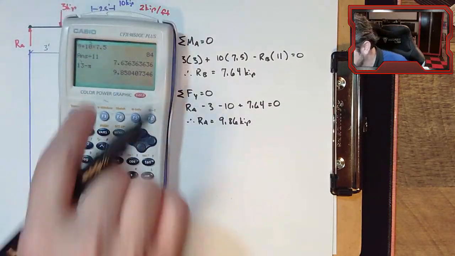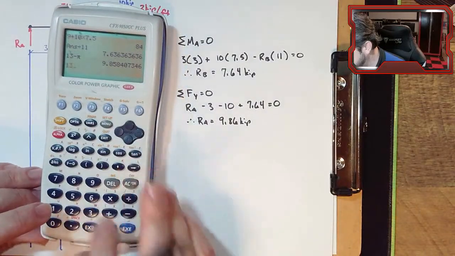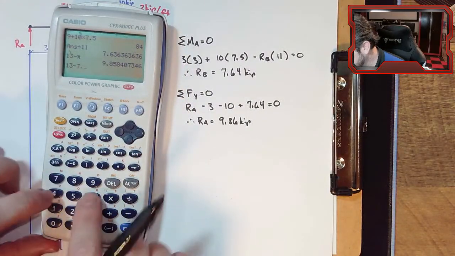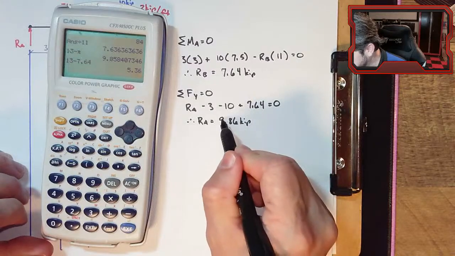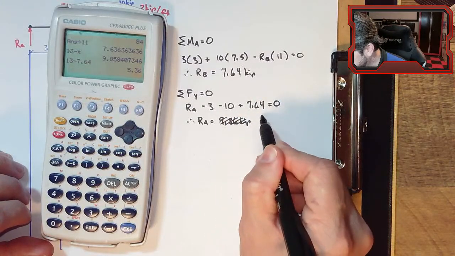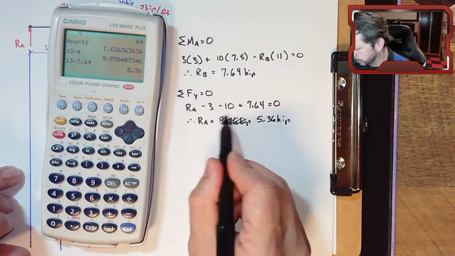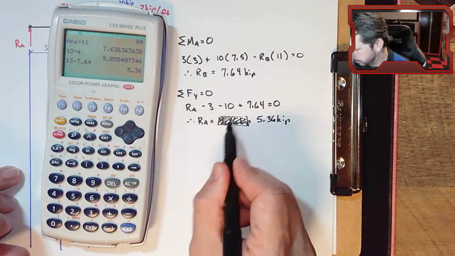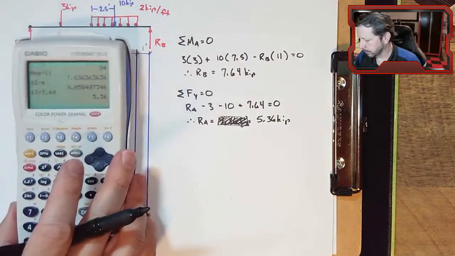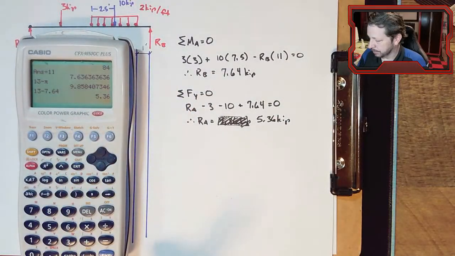Oh wait, hold on, I did 13 minus pi. 13 minus 7.64 is 5.36 kips. There we go. Ignore that. All right, those look more reasonable because they should add to 13.